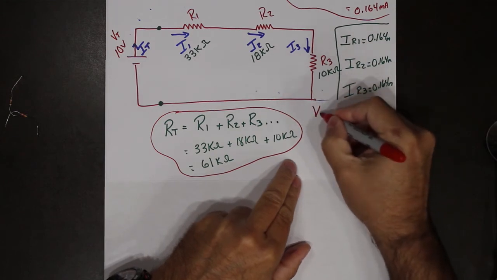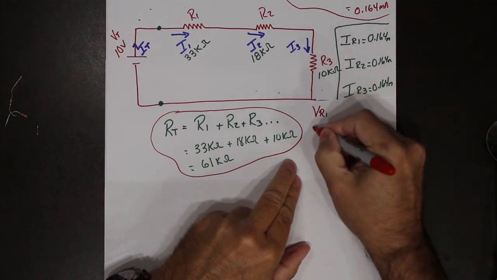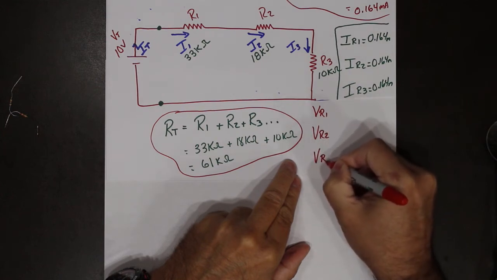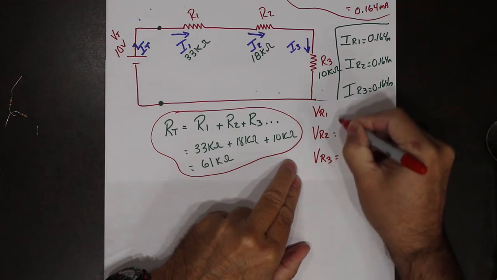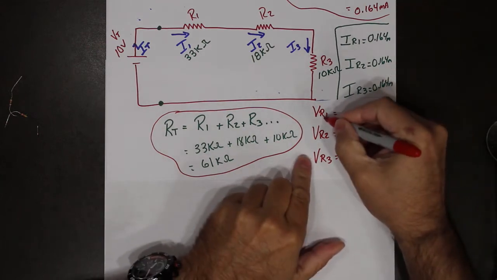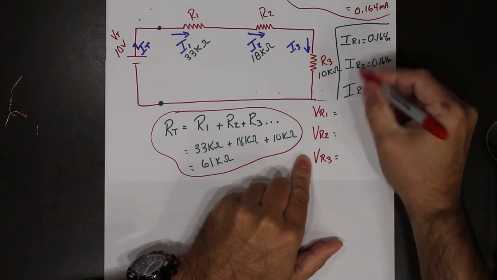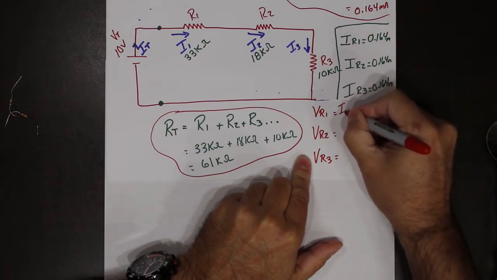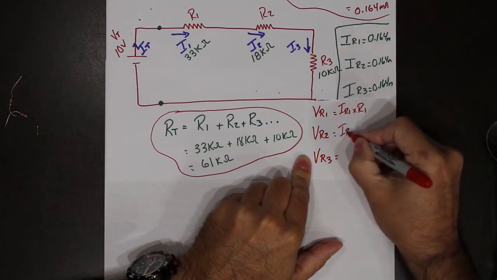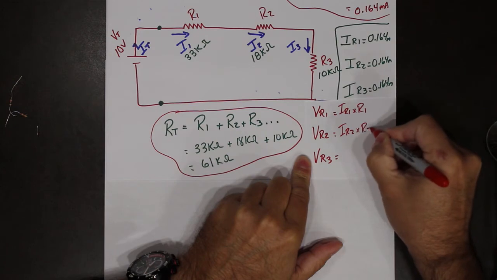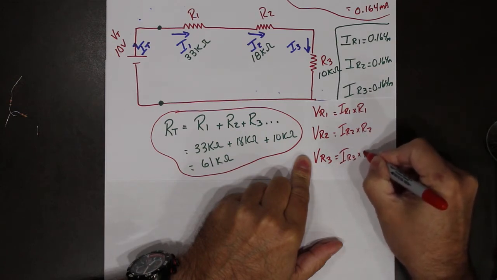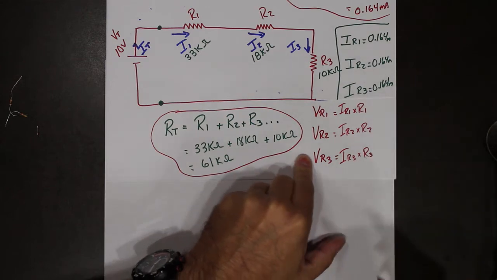The voltage drop across R1, across R2, and across R3. Ohm's law tells us that voltage drop is current times resistance, so IR1 times R1, IR2 times R2, and IR3 times R3.